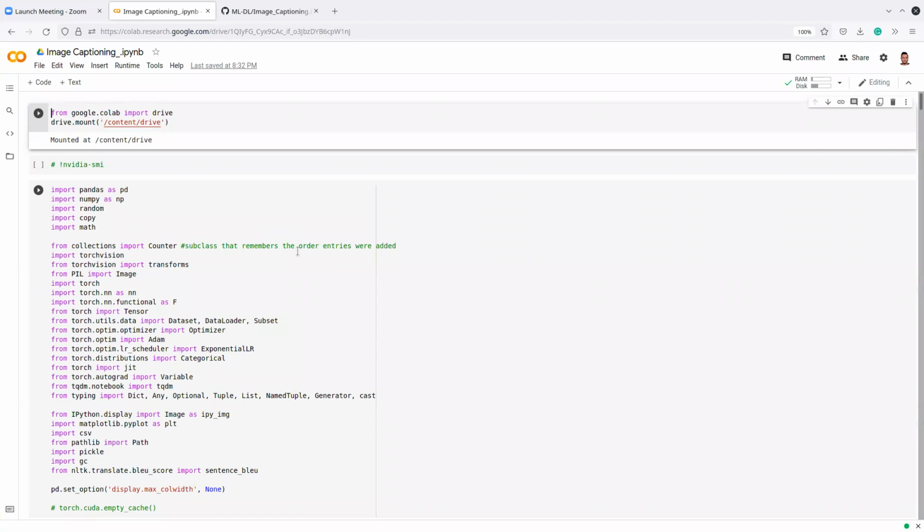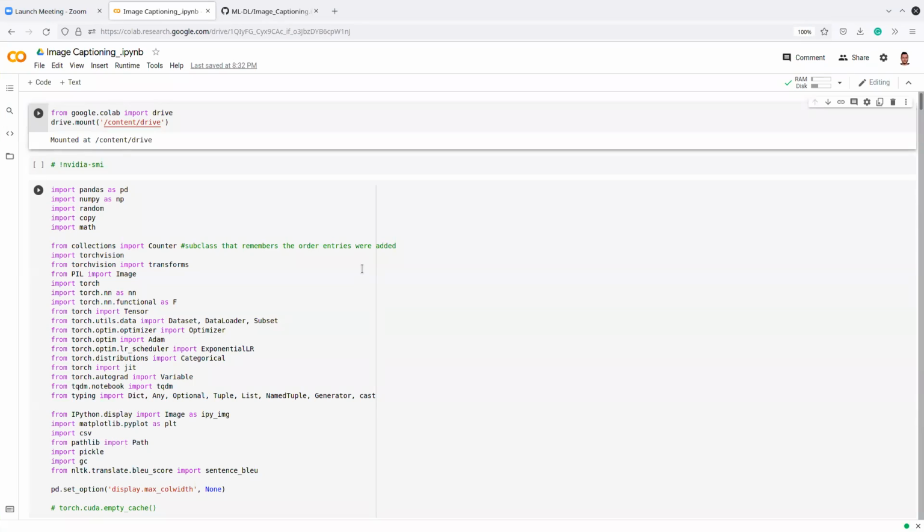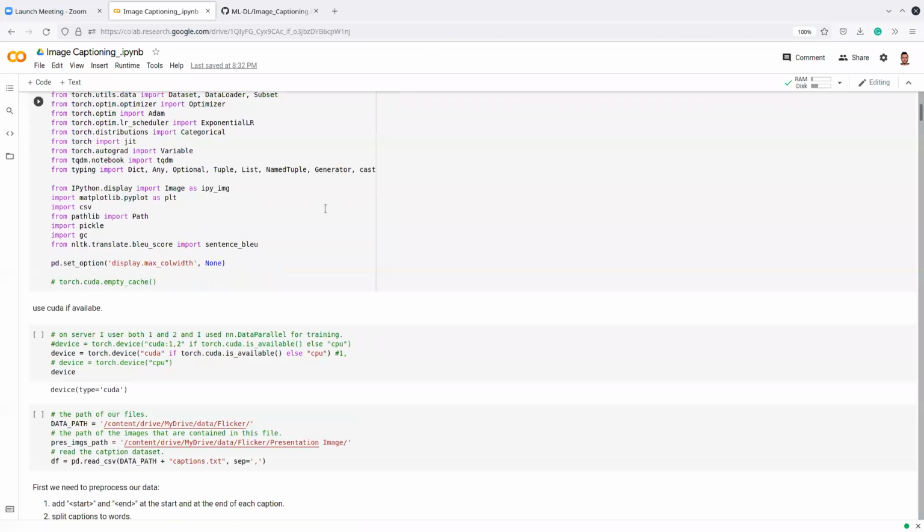I build some models for solving image captioning tasks. The image captioning task, I think you already know it. It's the task of describing the content, the objects within an image, the attributes of the objects, and the relationship between different objects in the same image.